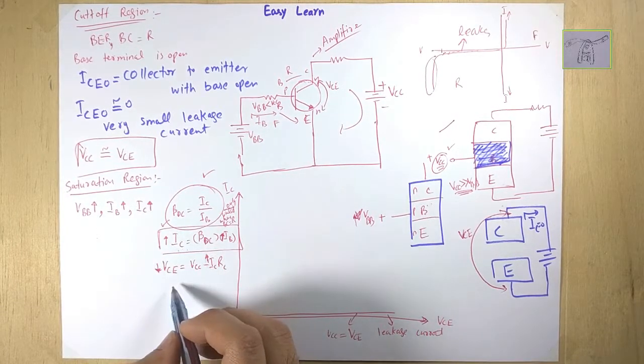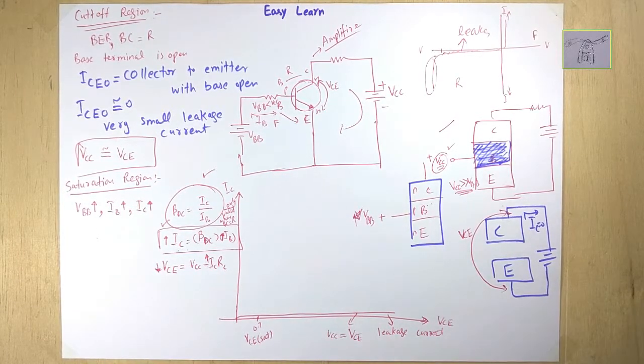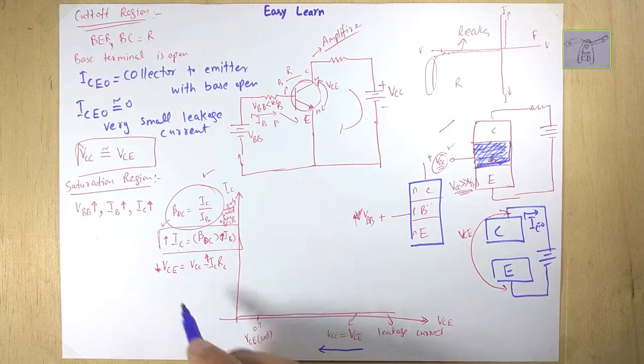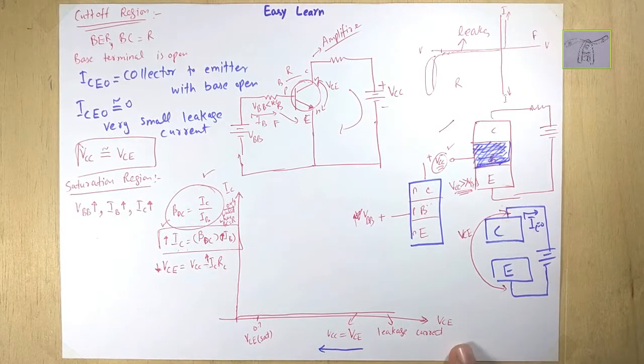So VCE decreases. Moving toward the right side VCE is increasing, but moving toward the left side VCE is decreasing.